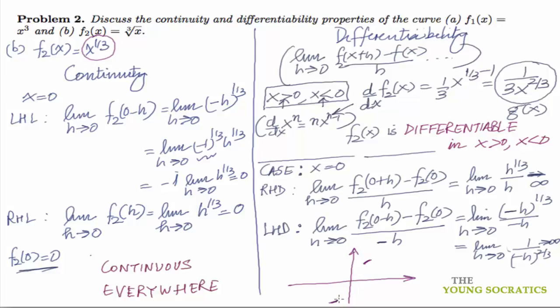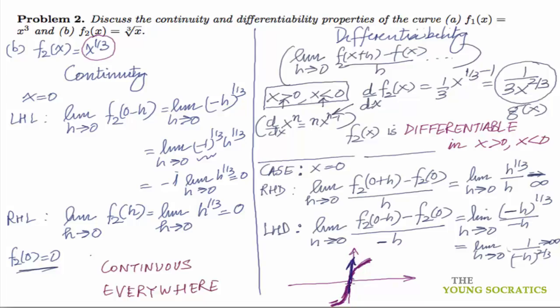So at x equal to 0, both the left-hand derivative and right-hand derivative are infinity, which means the function would be becoming almost like a straight line at x equal to 0, almost like grazing the y-axis, such that, as you see here, the tangent is a straight line.